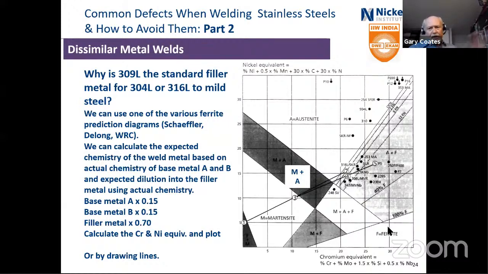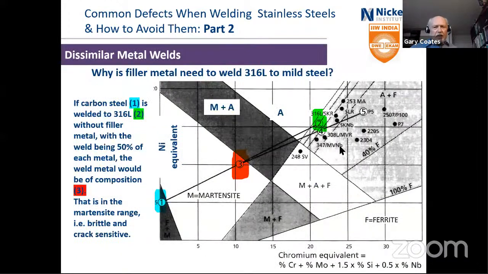And then the purely ferritic would be down here. But when we talk about most welding, we're into the austenitic areas. So, okay, let's take this and look a little closer at this. So if we have carbon steel, here's number 1. Now, carbon steel has no nickel in it, but it does have carbon in it. It does have manganese in it.